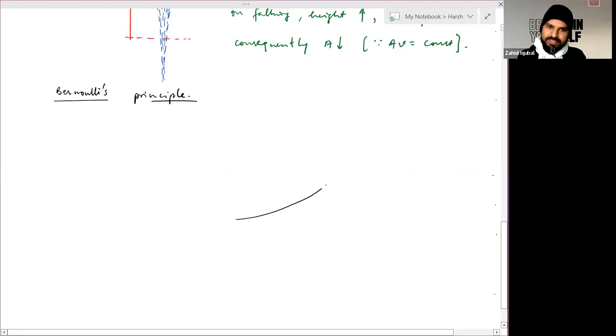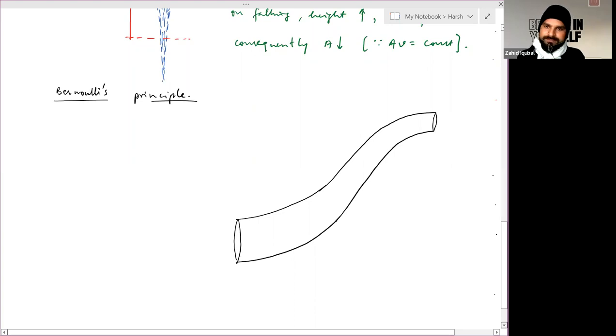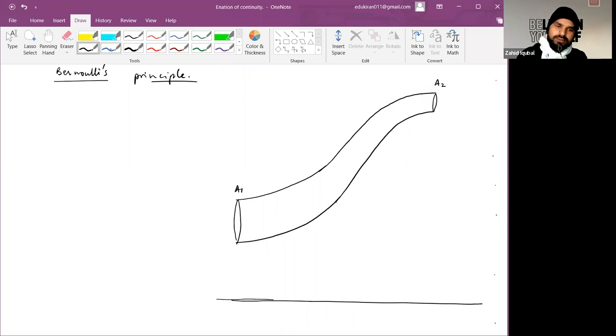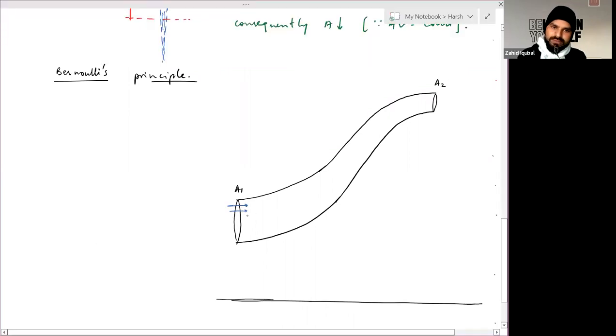Suppose you have any tube like this. By taking this particular level to be the reference point, let's say this has areas A1, A2, in which non-viscous incompressible liquid is flowing.